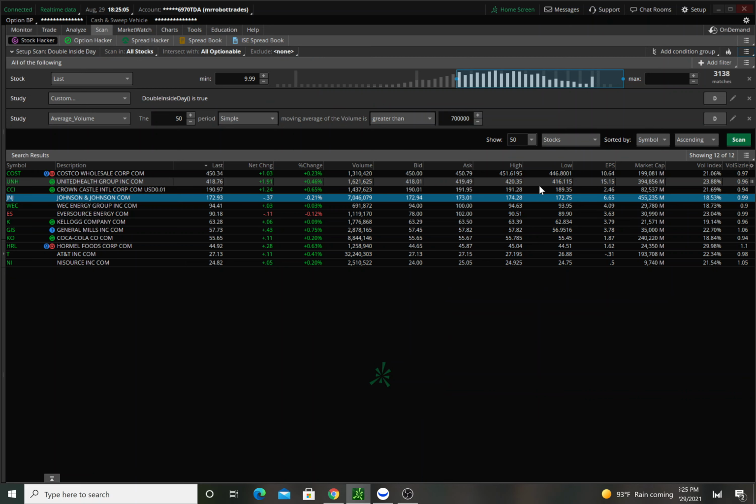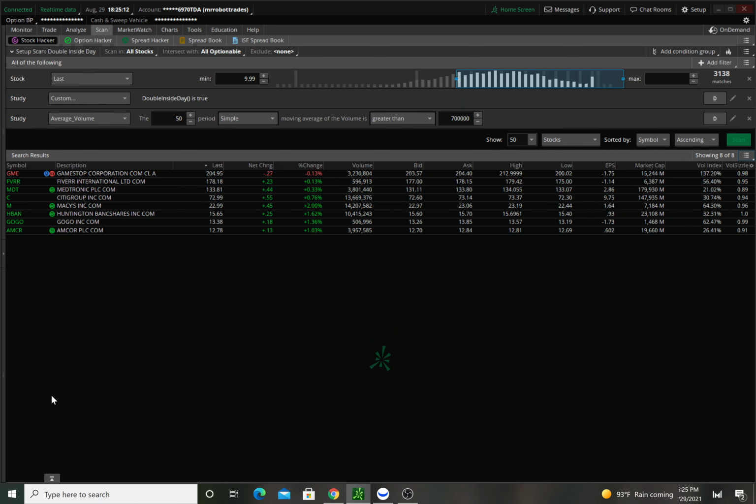The double inside day. This has turned into one of my favorite ones. What I do, literally, when I'm starting to make a list, is I get in here and scan, and the things that I'm looking for right off the bat are names that I have traded before, that I'm familiar with the options chain.